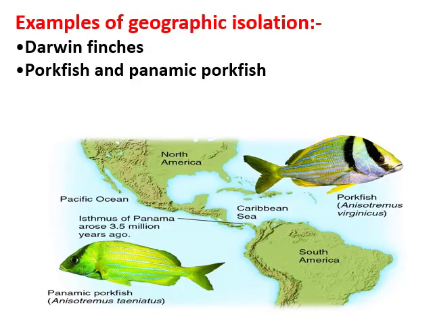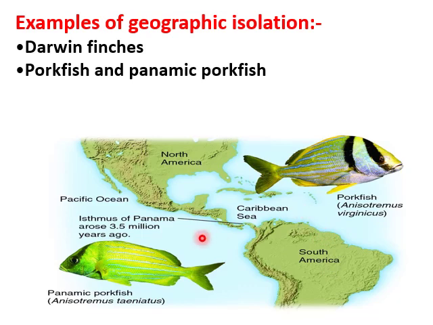Here are some examples of geographical isolation. I have already introduced you to the Darwin finches in our previous lectures, and the next example is porkfish and panamic porkfish. These two types of fishes are isolated due to the presence of the Isthmus of Panama, a connection between North America and South America.